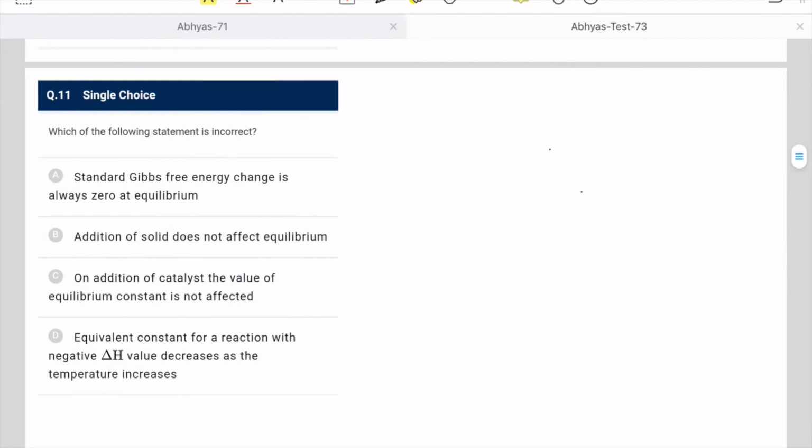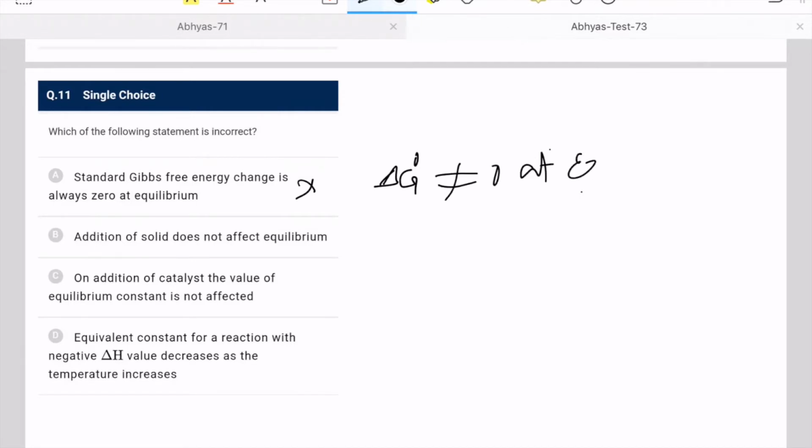Which of the following statements is incorrect? Standard Gibbs free energy change is always zero at equilibrium. This is actually the wrong statement. Delta G standard is not equal to 0 at equilibrium.